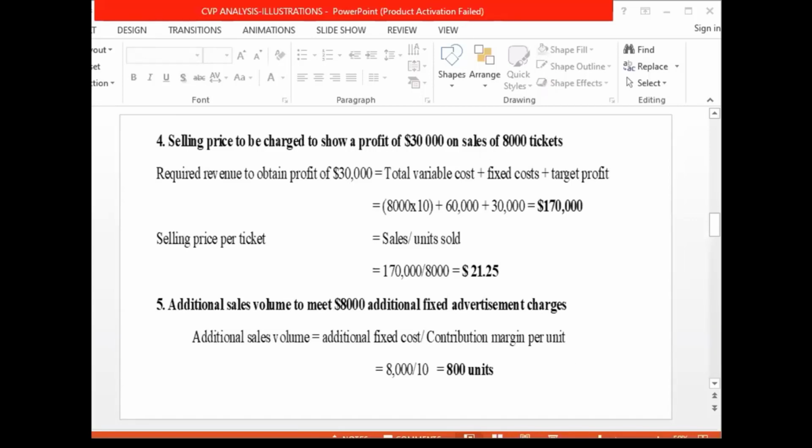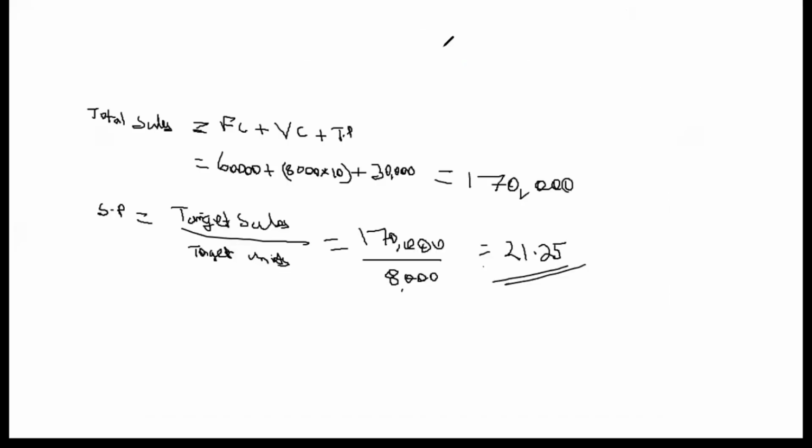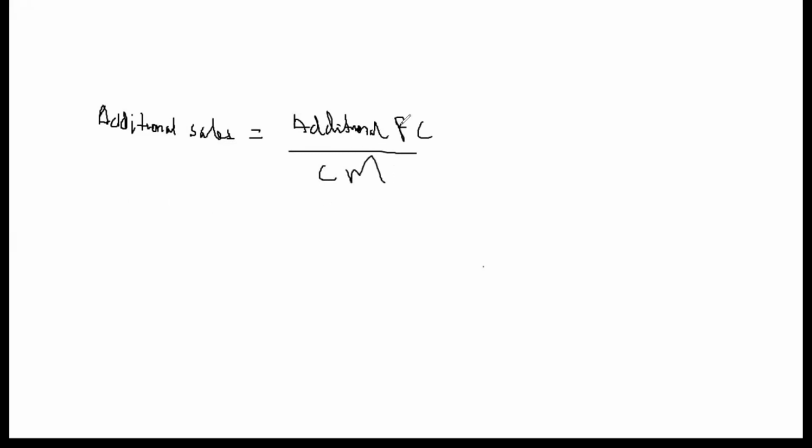So additional sales volume is equal to additional fixed cost over contribution margin. 8,000 is the additional fixed cost.